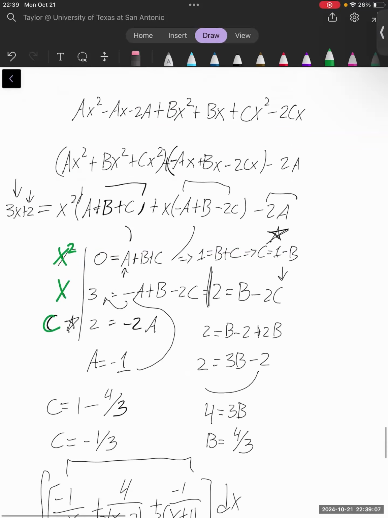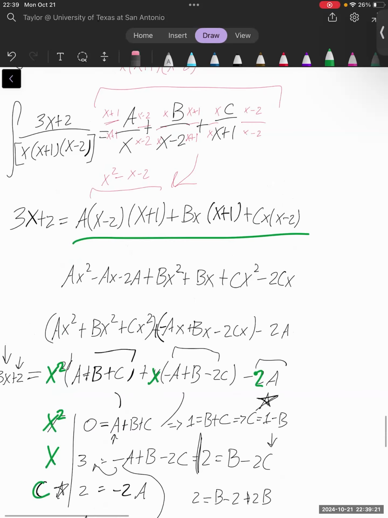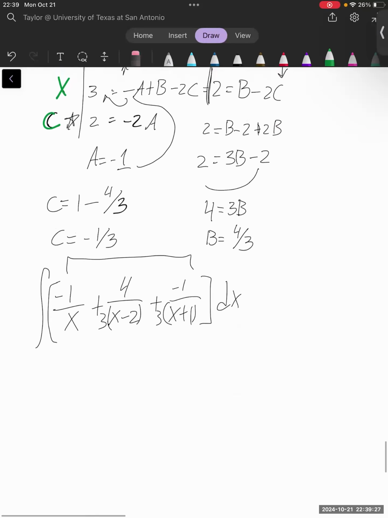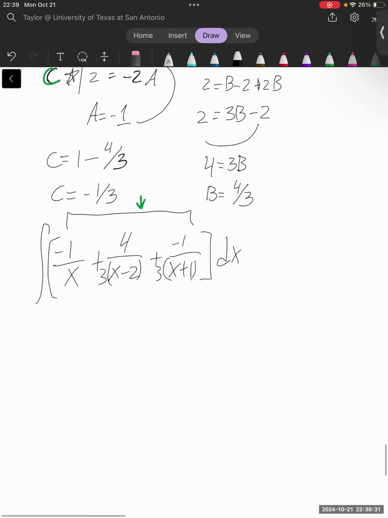And the reason that's what we did up here, we have x squared for our quadratic terms, x for our linear terms, and we have 2 here for our constant terms. And that all comes from this part, setting the numerator equal to the expression that we found here. And then ultimately we are here, which is just the integration step.